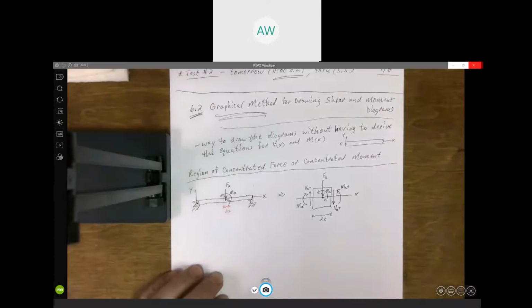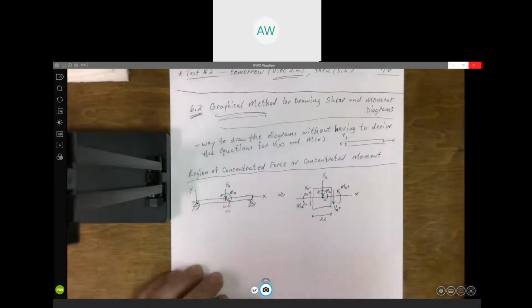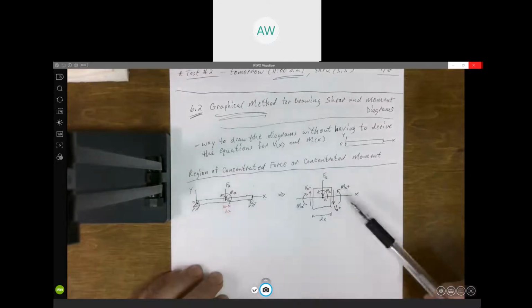So we're using some calculus notation you might have seen before in one of your calculus classes. The plus and minus here really has nothing to do with direction.